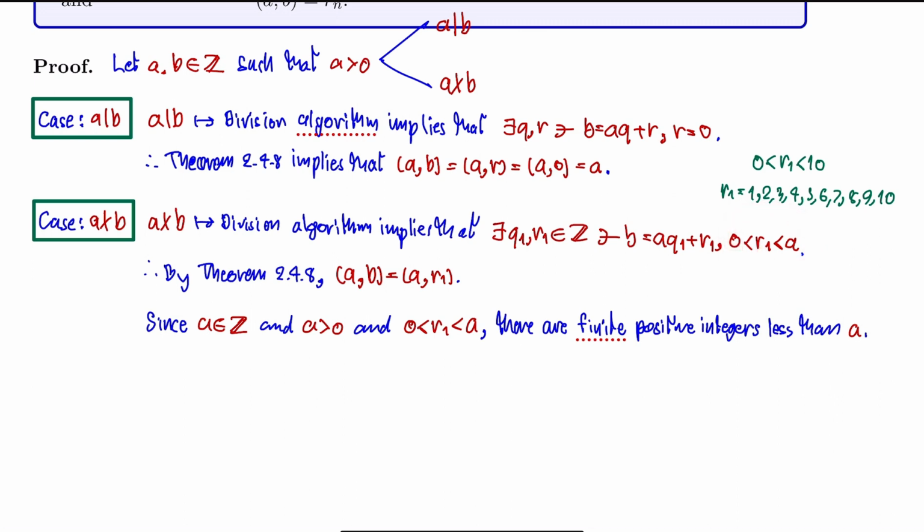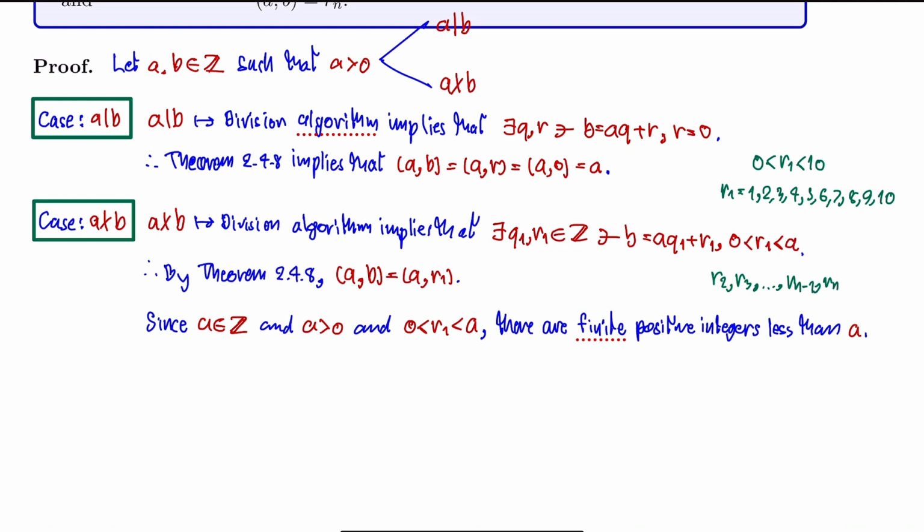Let's say it's maybe n minus 1 numbers. Okay? I want to choose n minus 1 numbers ranging from R2, R3, all the way to Rn minus 1 and Rn.